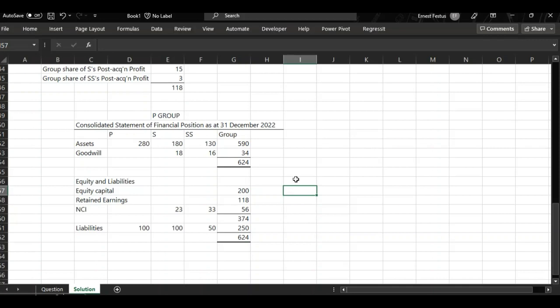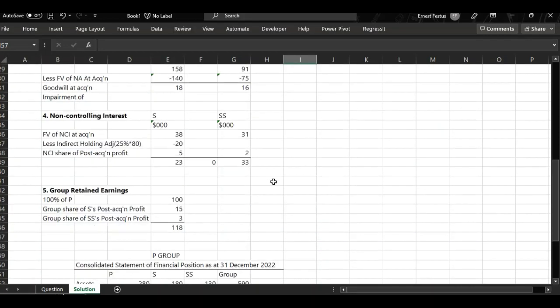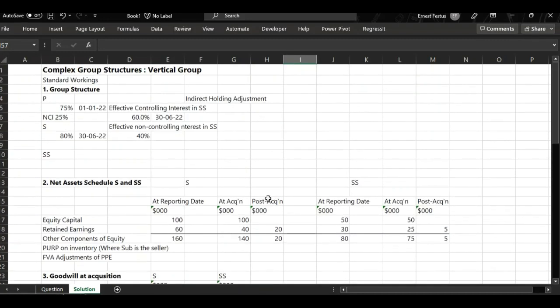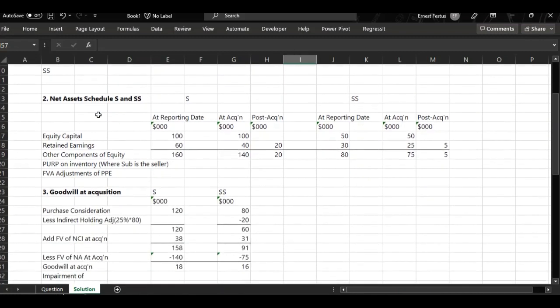All right, so this is the 5 standard workings that you use in solving any consolidated financial statement question, specifically the consolidated financial position. So the first one is to determine your group structure, which you have right here. The next is to draw your net assets schedule of the subsidiaries. So if there are more subsidiaries, you add them like this.